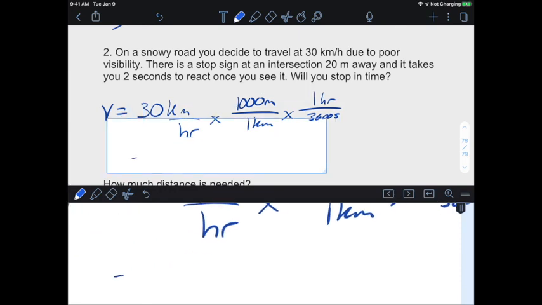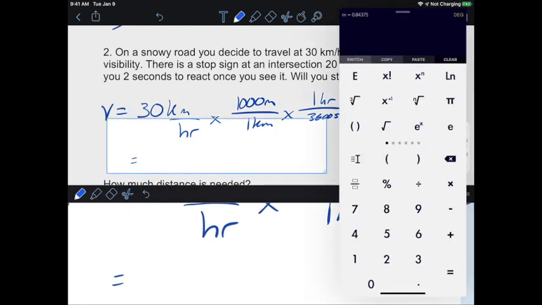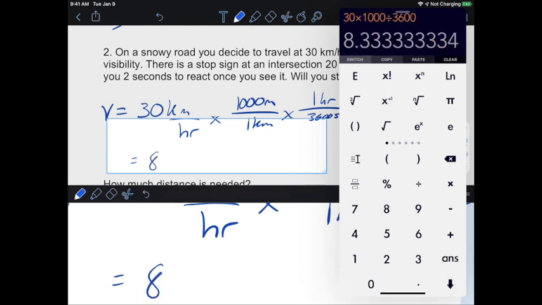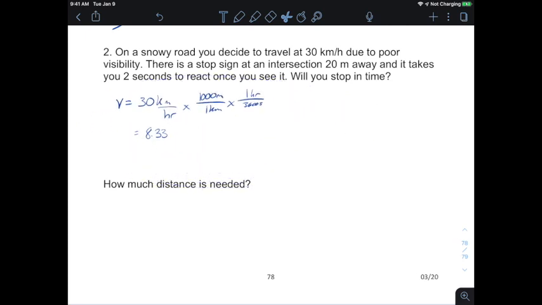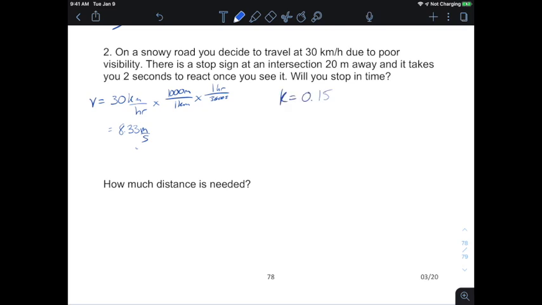And so that gives us our first value, 8.33 meters per second. And we are doing it in snowy conditions, so K is going to be 0.15. And so now, will we stop in time?